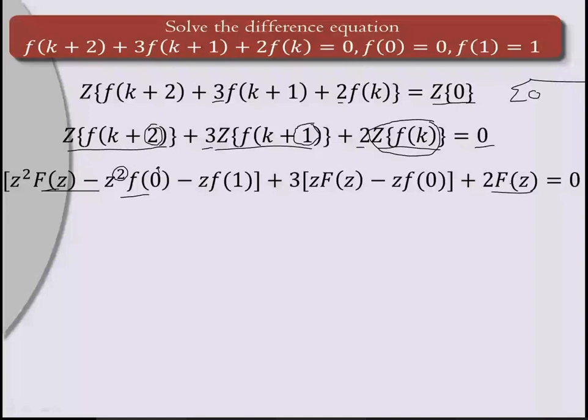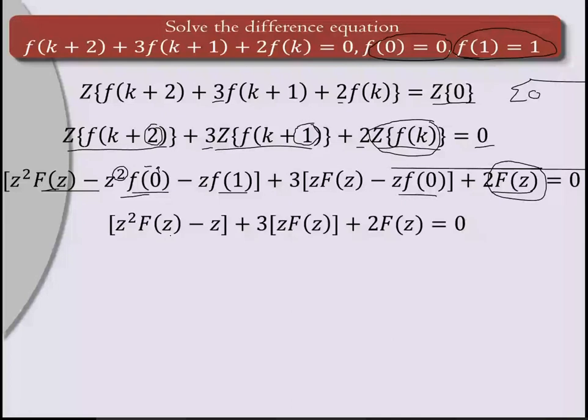Correct? Now, simplify it. These values are given in the problem: f of 0 is 0, and f of 1 is 1. Substitute these values over here, then collect all F of z terms together. So substituting the values, it becomes z square F of z minus z square into 0, which is 0, minus z into 1, that is z, plus 3 into z F of z minus z into 0, z into 0 is 0, plus 2 F of z.